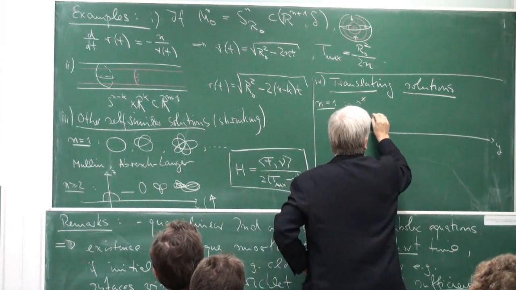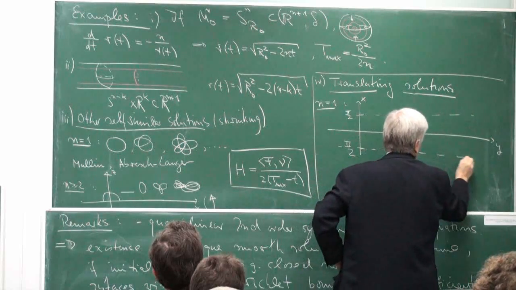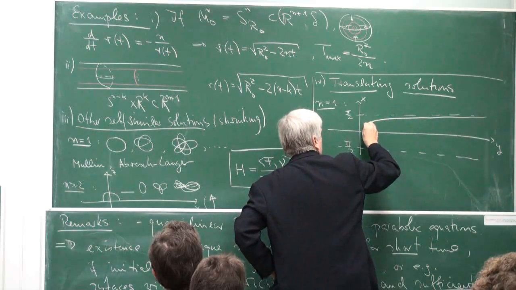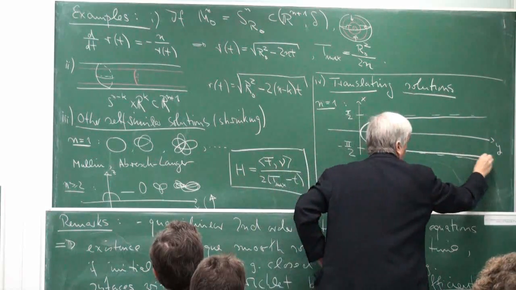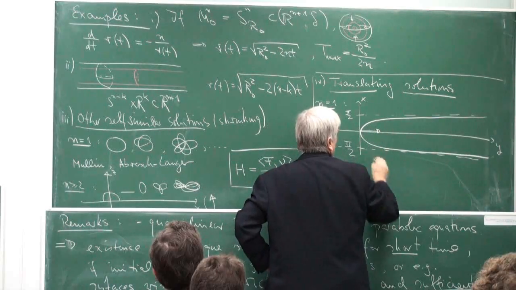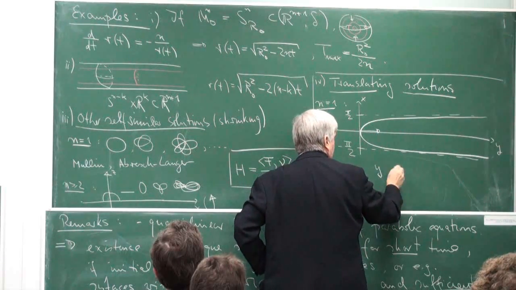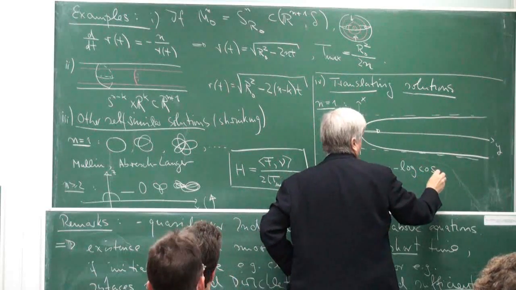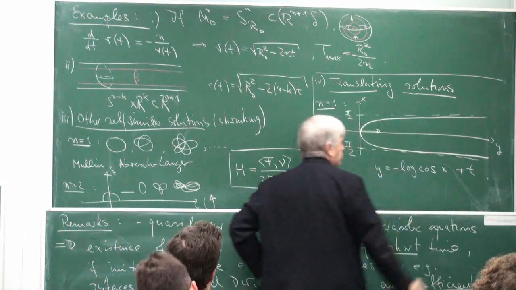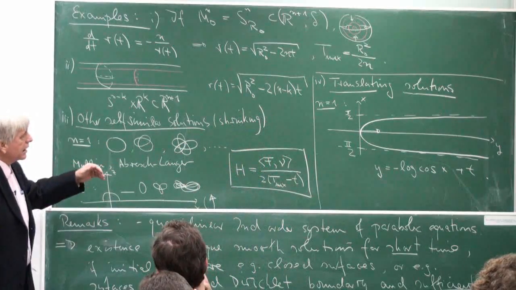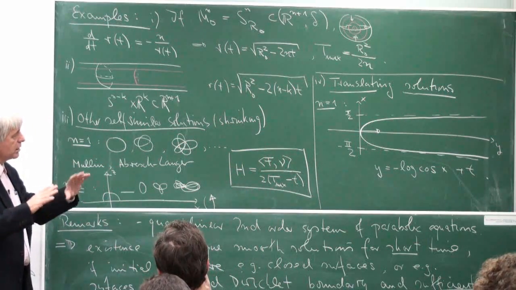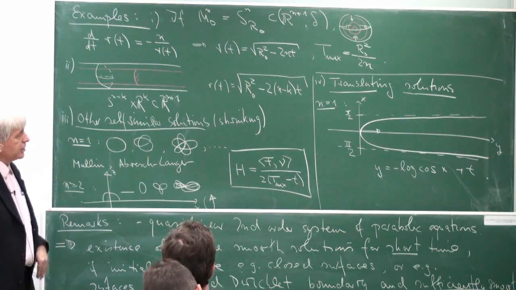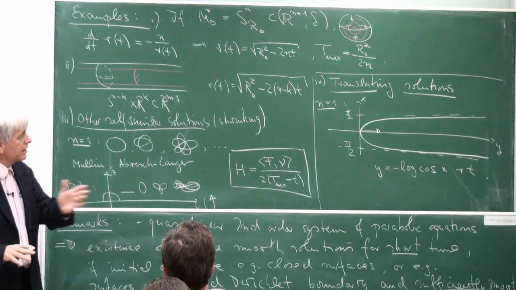Then there is a solution which is asymptotic to these horizontal lines, and I have a formula even for it. y is equal to minus log cosine of x, plus t. So this solution doesn't change its shape at all. It's a solution of mean curvature flow, and the shape is always the same. It's just translating in the plane.